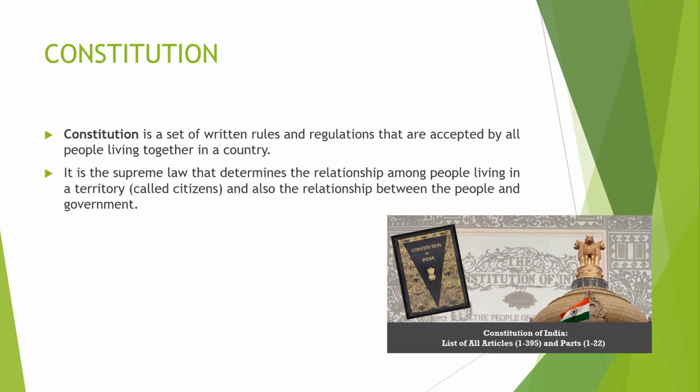For example, common timing of arrival and departure, common uniform, proper timetable, proper examination pattern, proper schedule. Everything is the same for each and every one. There is no difference or discrimination on the basis of anything. The school maintains certain rules which are applicable for all.